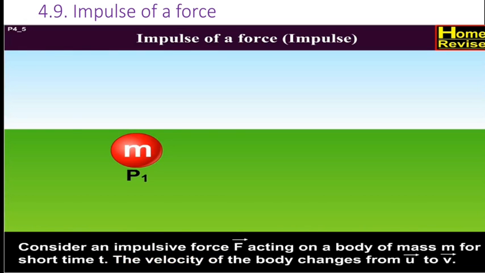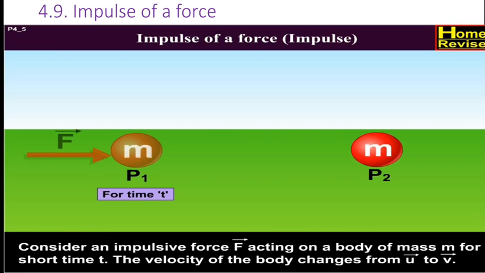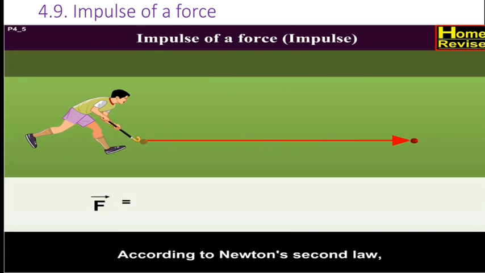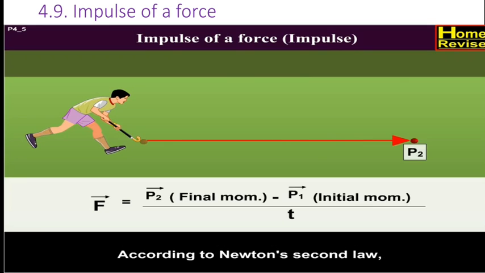Consider an impulsive force vector F acting on a body of mass m for short time t. The velocity of the body changes from vector u to vector v. According to Newton's second law, vector F is equal to vector p2 minus vector p1 upon t.